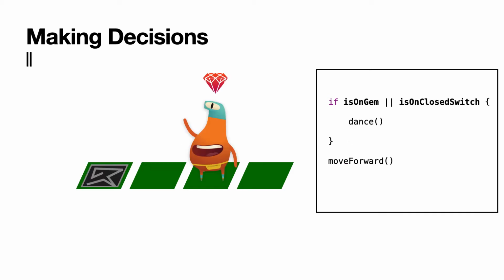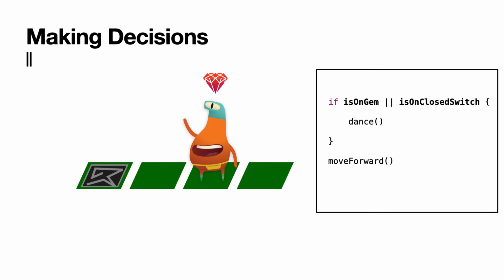Now, what we might want to use in some situations is the logical OR operator, which is these two pipes we can see between is on gem and is on closed switch. So if there's a more generic action we want to perform when there are a couple different conditions, like in this case, we have a gem. So we check to see if we're on a gem.